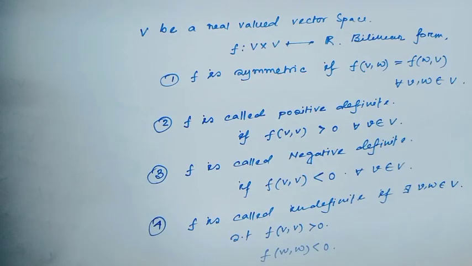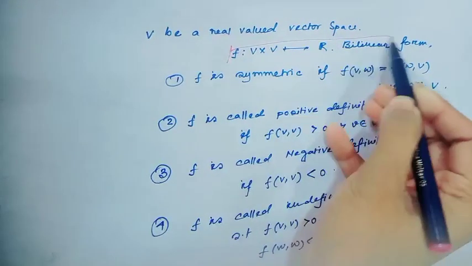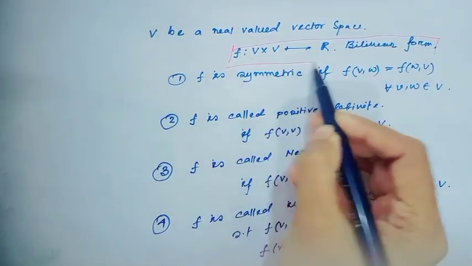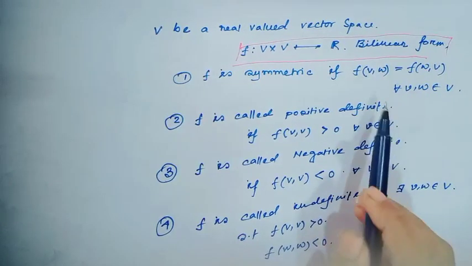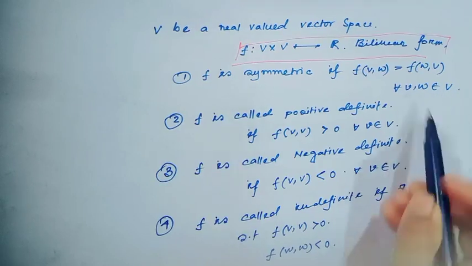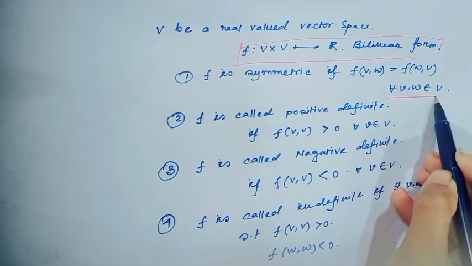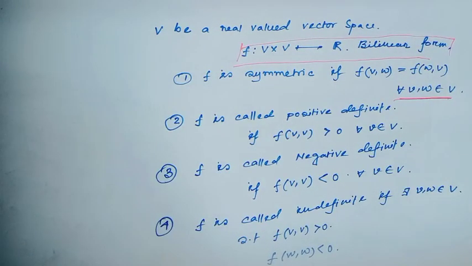Now consider V to be a real valued vector space and consider a bilinear form f from V cross V to R. Then this bilinear form is symmetric if f(v,w) equals f(w,v), and this is true for all v, w belonging to the vector space.